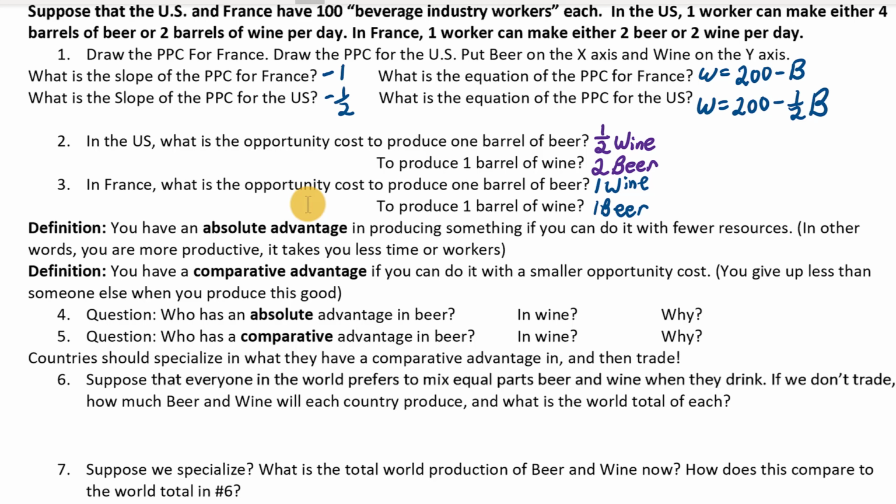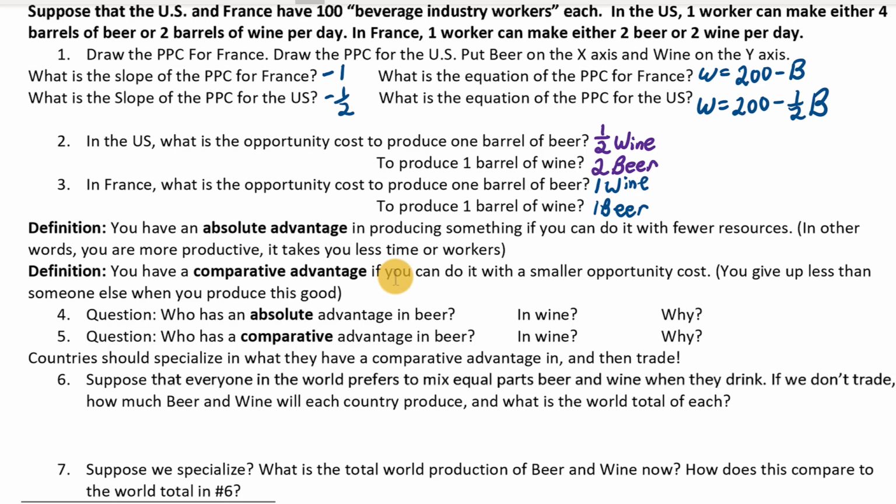You're always comparing two people or two countries: which one is faster, better, easier at producing something. You can produce it cheaper, faster, with fewer resources. It takes you less time, less money, or fewer workers in order to produce something.